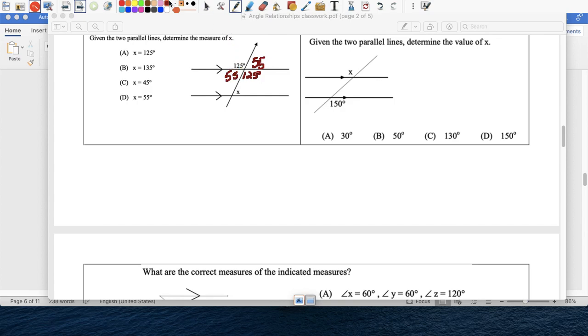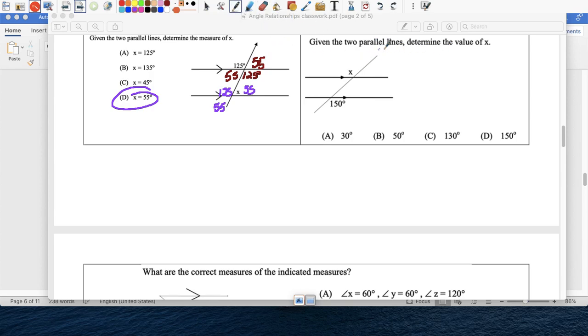So that helps me because now all I gotta do is go back to the bottom and fill in the same thing. This is 125 because it's corresponding. This is 55. And then therefore x is also 55 because it's vertical. Final answer, this one, right? So filling in all the spots can be a tactic that you can use.